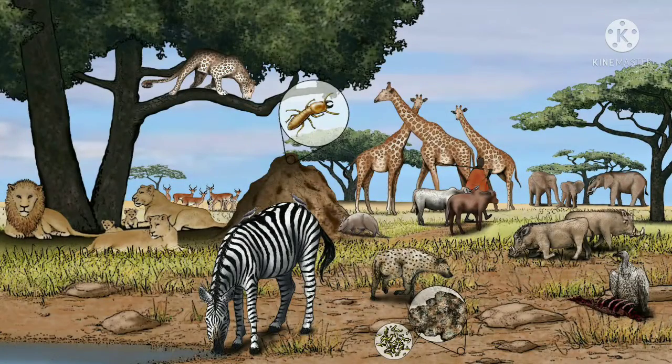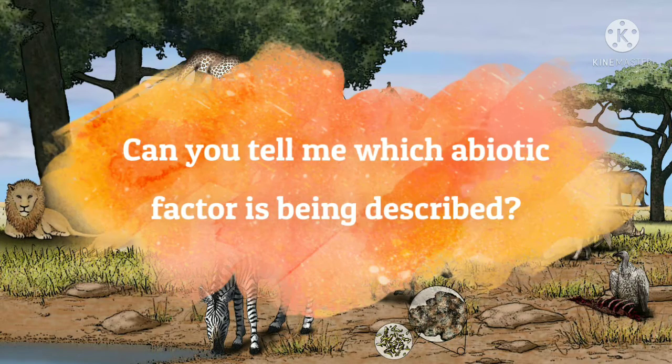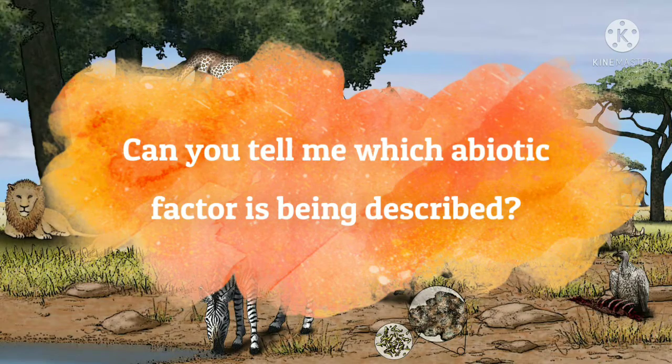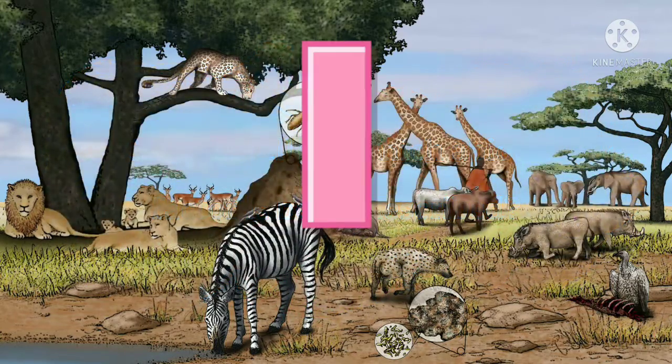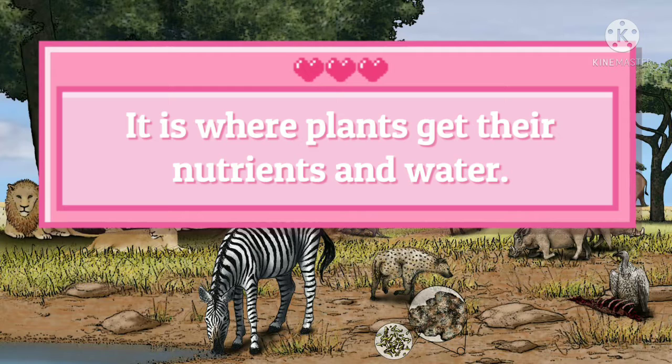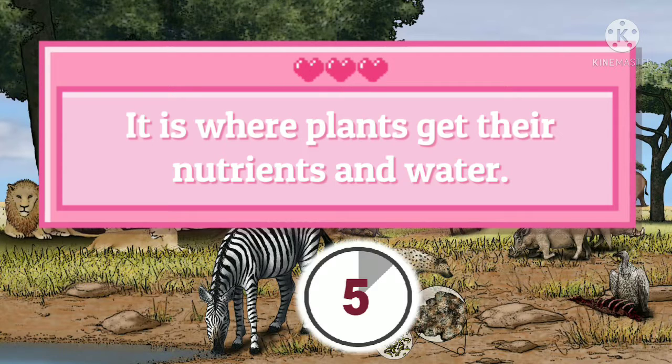Animals and plants are dependent on abiotic factors in the ecosystem. Abiotic factors should be just right in order for life to thrive. Now, can you tell me which abiotic factor is being described? It is where plants get their nutrients and water.